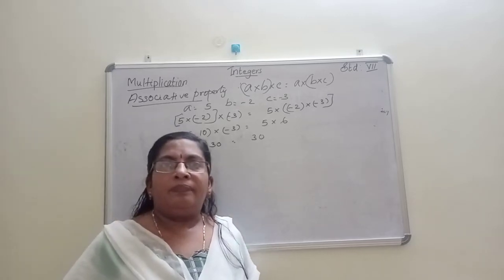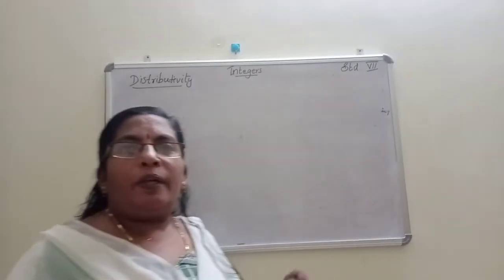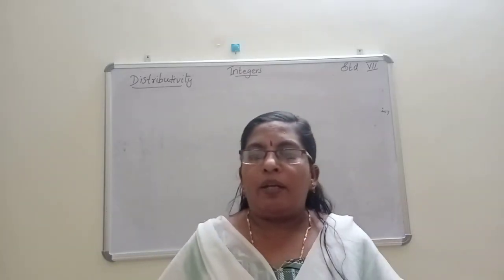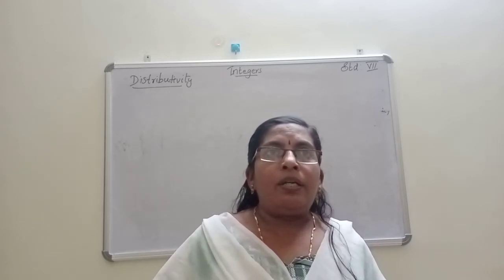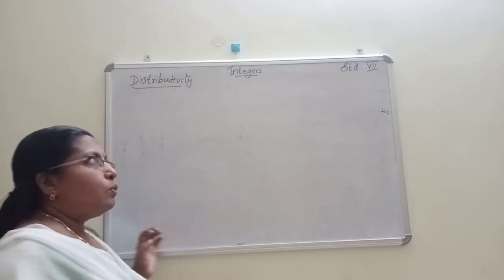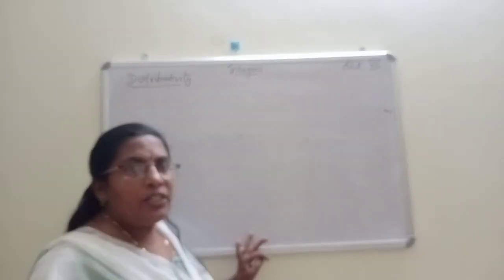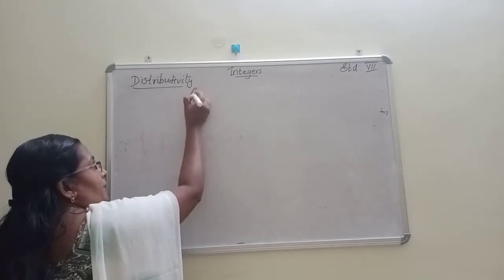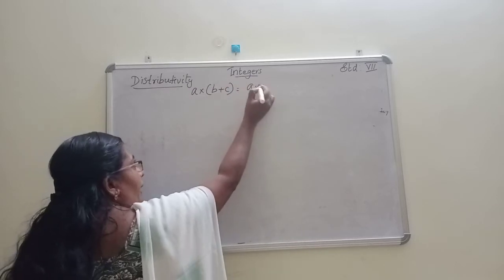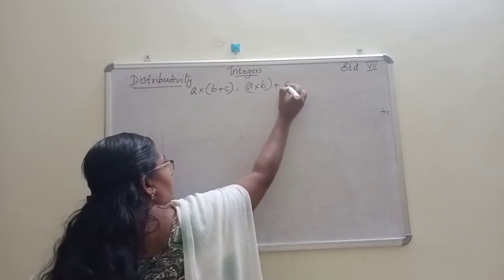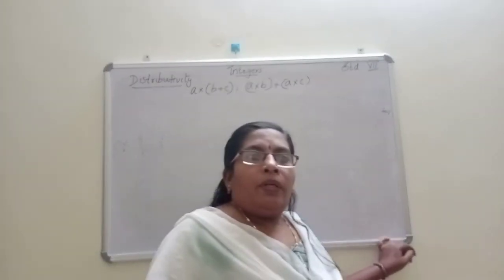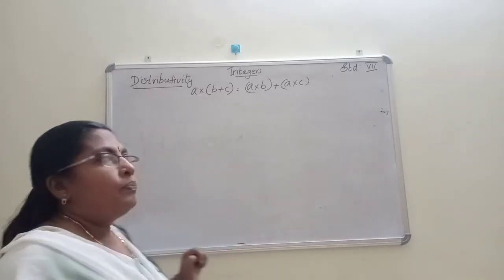Next is, the next property is distributivity. Here there are 2 properties. One is multiplication with addition and the other is multiplication with subtraction. First one, multiplication with addition: A into B plus C equal to A into B plus A into C. This is the multiplication with addition.